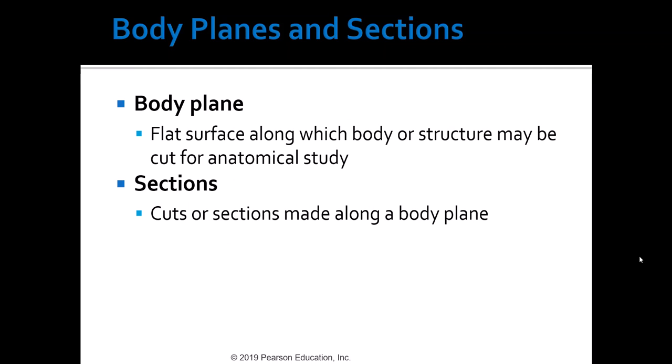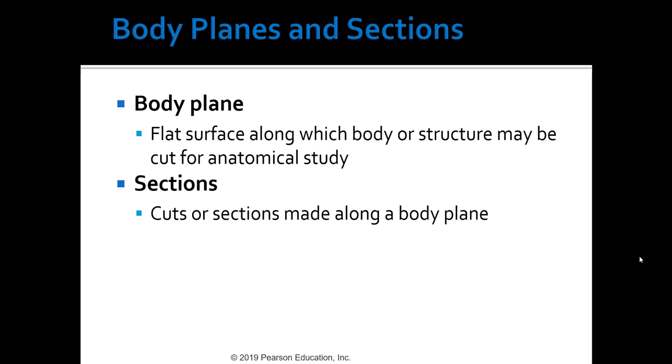The other bit of terminology that we have to cover are planes and sections. So a body plane is essentially this flat surface upon which we cut an organ or a body part, typically so that we can look at some of the internal structures. So there's kind of imaginary lines. When we cut along those body planes, then we have a section.